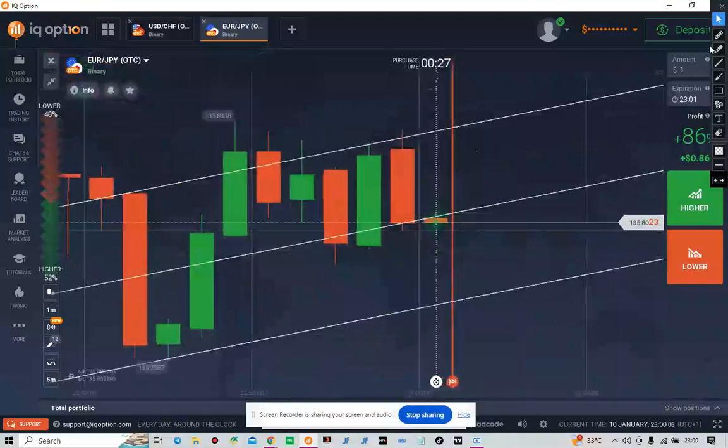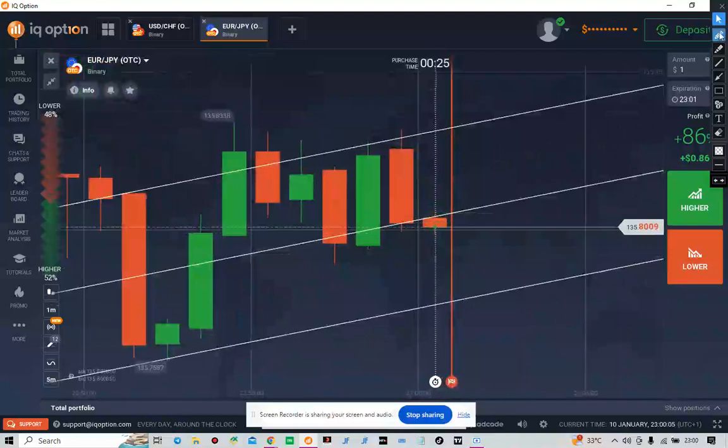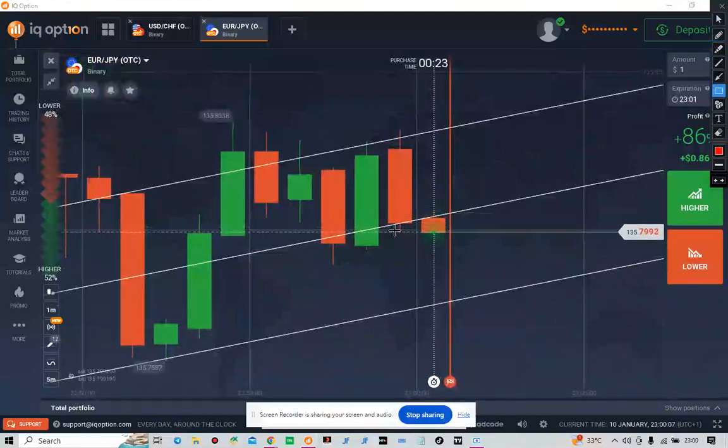You can see the candle close here, the candle close here, and the next candle open here. If the next candle opens here, buyers will have entered on the next candle. But the next candle opens here, which means there's a small gap.